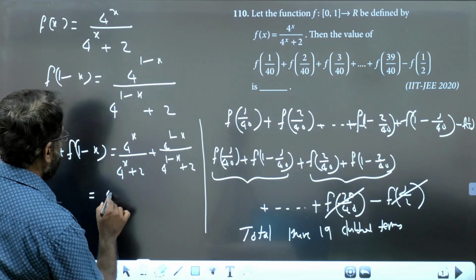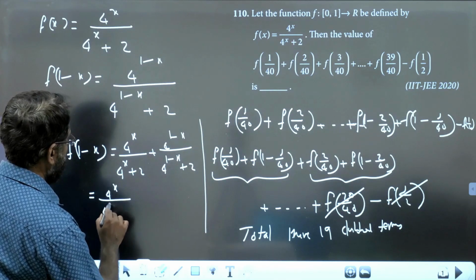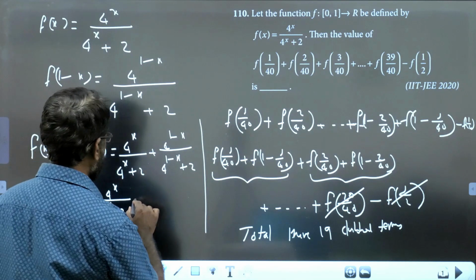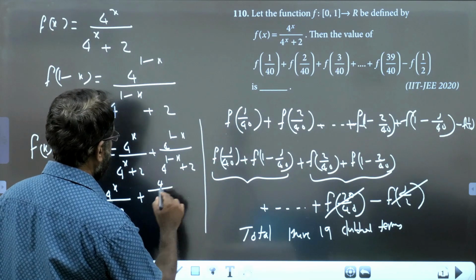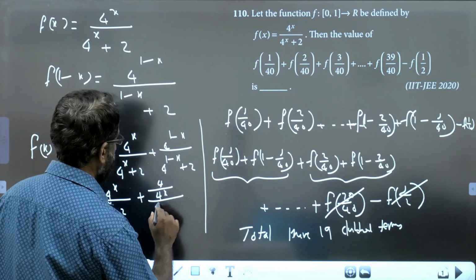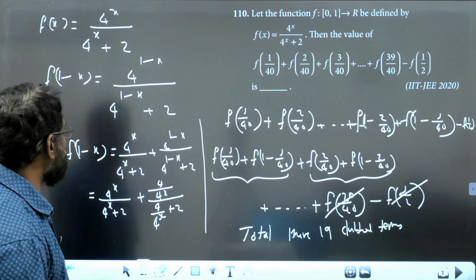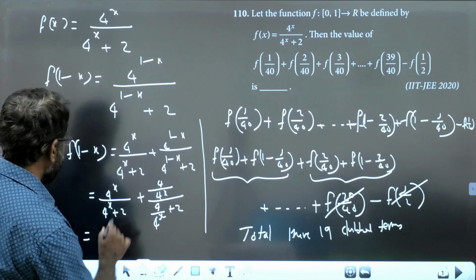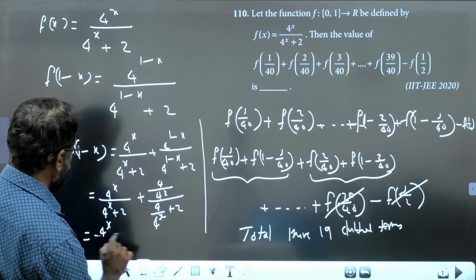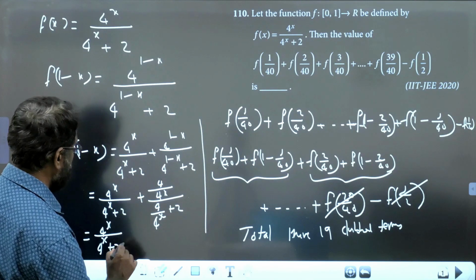This is equal to 4^x / (4^x + 2) plus 4/4^x divided by (4/4^x + 2).